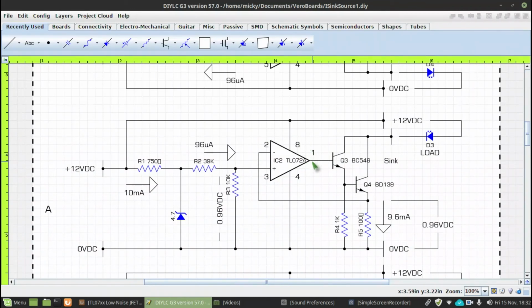In principle, it will do anything and everything it can to maintain the voltage from its positive non-inverting input through to the output. So for example, this is in a unity gain loop.